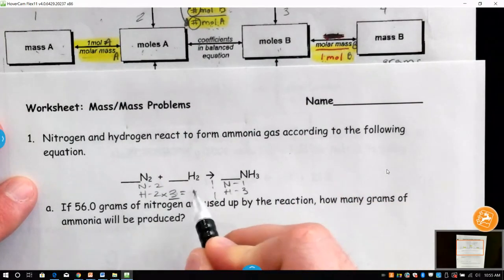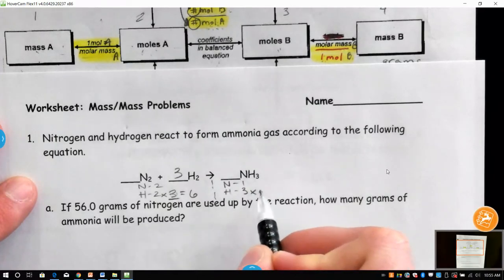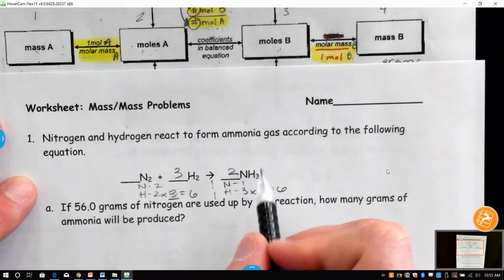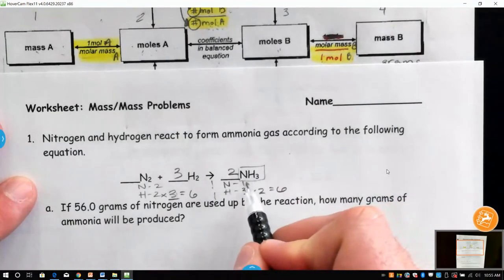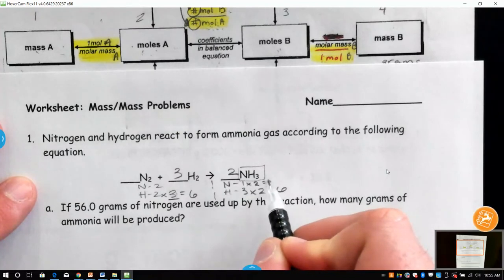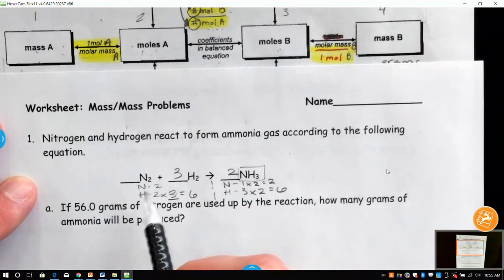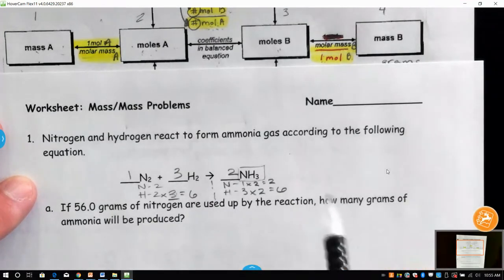If I multiply this by 3, it gives me 6. If I multiply this over here by 2, that will give me 6. So the 2 goes in front as my coefficient, but that also applies to this N now. So times 2 will give me 2 nitrogen, 2 nitrogen on this side, and 6 and 6 hydrogen. So we're looking at a 1:3:2 ratio.